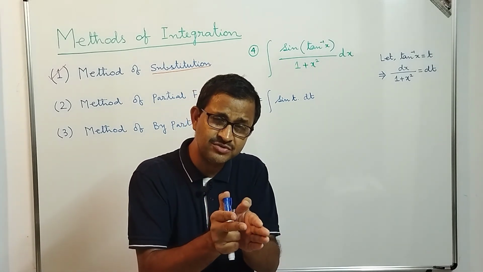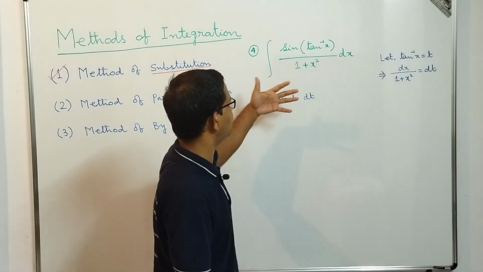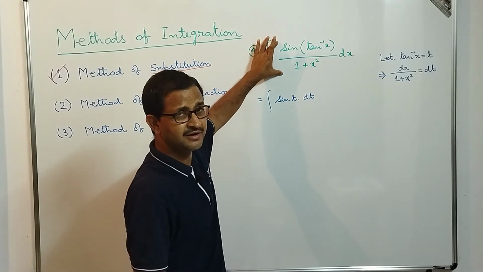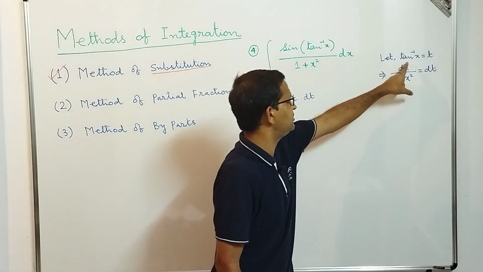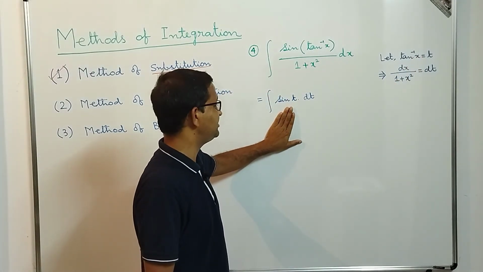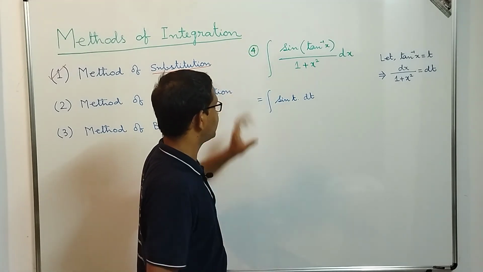That means we just use the basic formula to find the value of the integration. And this is a very classical case. This integration is not directly integrable, but by means of this effective substitution, it is transformed to sin t dt.